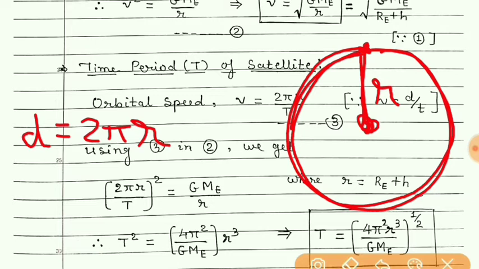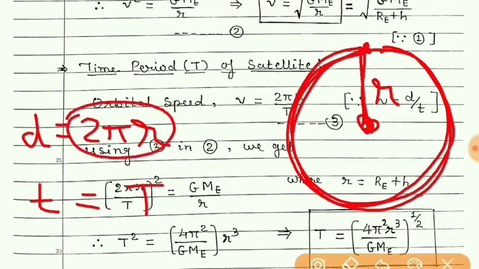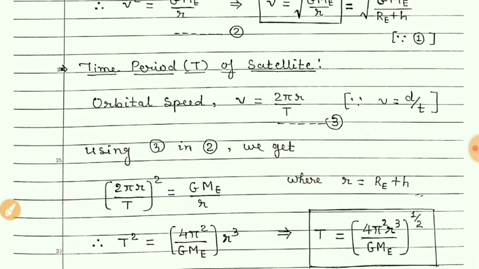and we know that for one revolution the time taken is periodic time T. For one complete revolution, time taken is periodic time T. And so I have written speed v is equal to distance upon time.